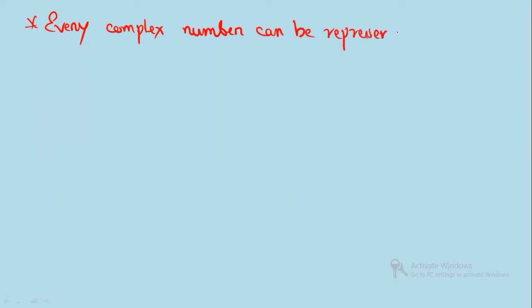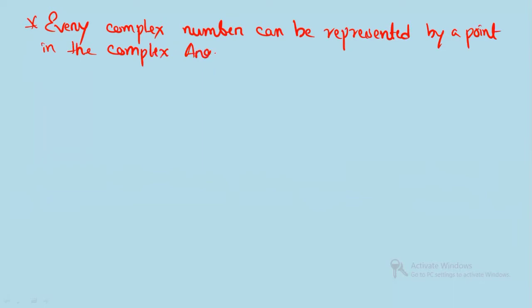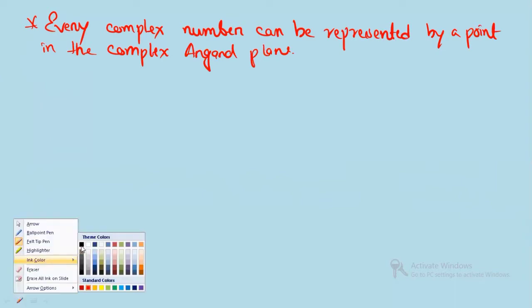You have to remember that every complex number can be represented by a point in the complex Argand plane. We can represent every complex number in the complex Argand plane.